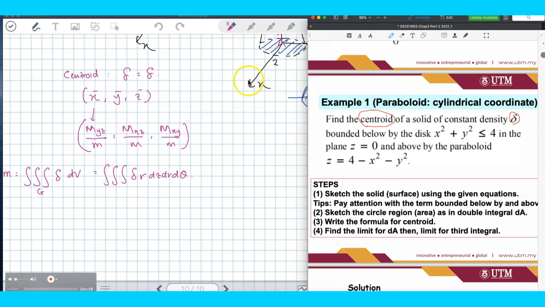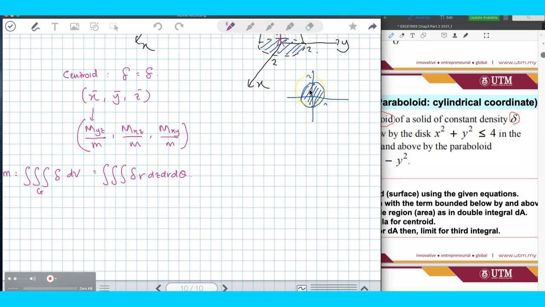This is your region: a circle with radius 2, so r goes from 0 to 2. And for theta, you have a complete circle, so 0 to 2 pi. So we can directly put the limits 0 to 2 pi, 0 to 2.